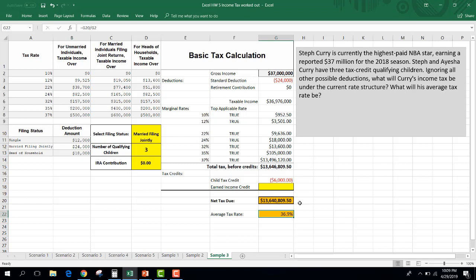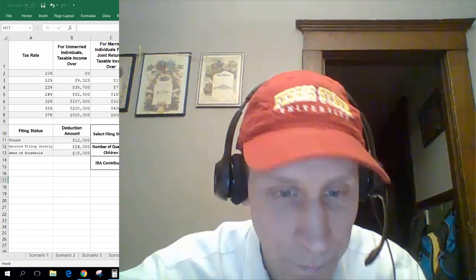And look, that's going to be pretty close to 37, right? Because he is getting hit with the 37% tax rate on pretty much all of his income, right? Because his income is so high. So the average tax rates kind of converge up to your top marginal rate as your income grows. And that's kind of one of the things I wanted to see with this kind of example.